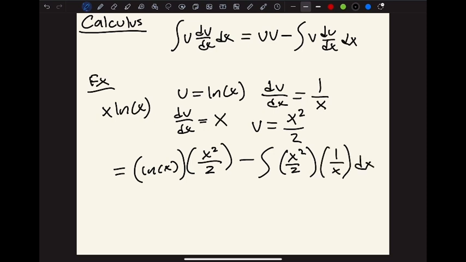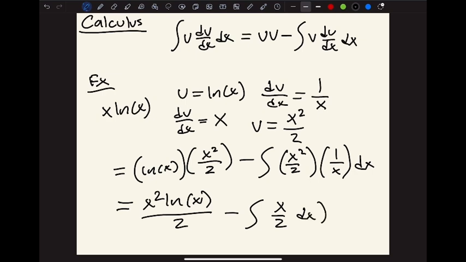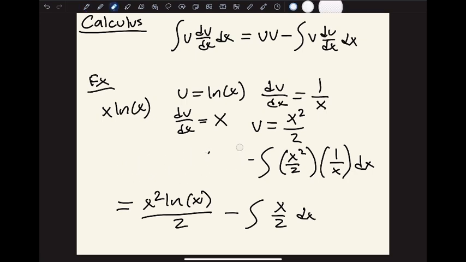So we can simplify this by saying x squared ln x over 2 minus the integral of x over 2 dx.